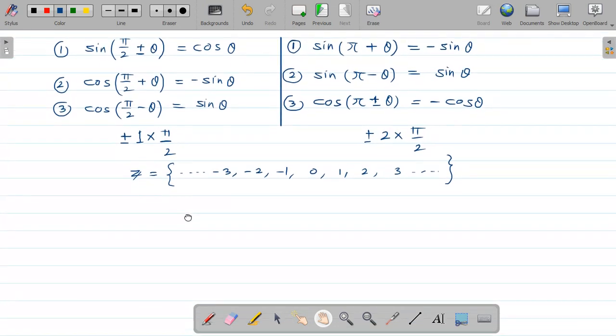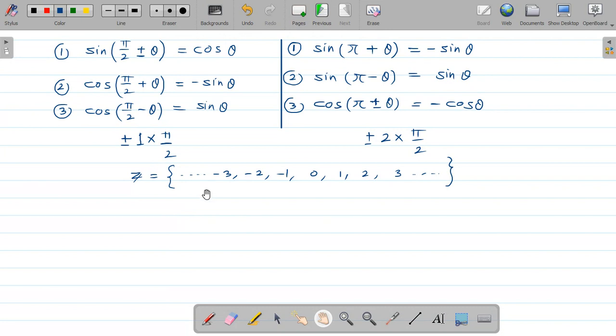Now we will divide the multiples of pi by 2 as odd multiples and even multiples, irrespective of the sign. We will divide the set of integers as odd multiples of pi by 2 and even multiples of pi by 2.